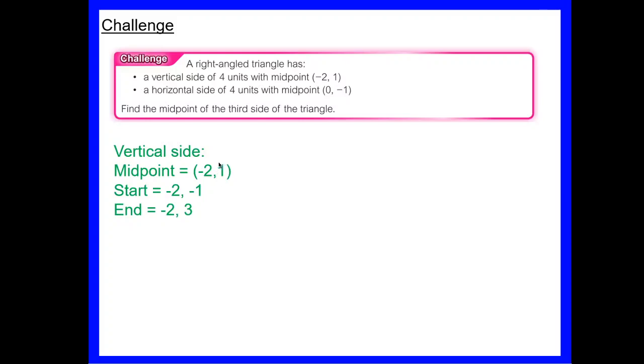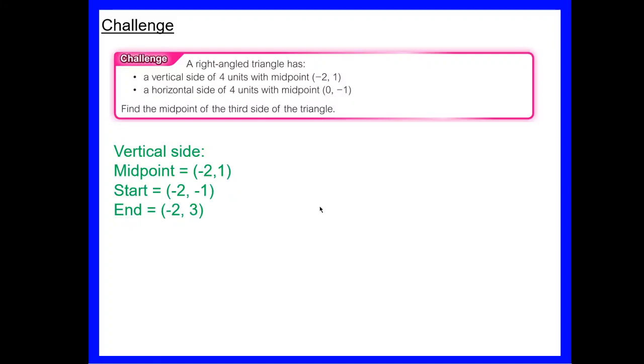So this is our vertical number. This is our y number. So I need to take 2 away. So I get -2, -1. And I need to add 2. So I get -2 and 3. Okay, so that's the vertical side then. So we now know where the start, the end, and the middle are.